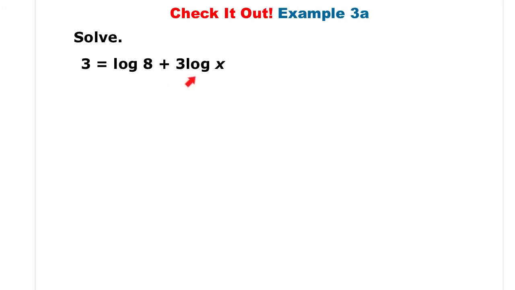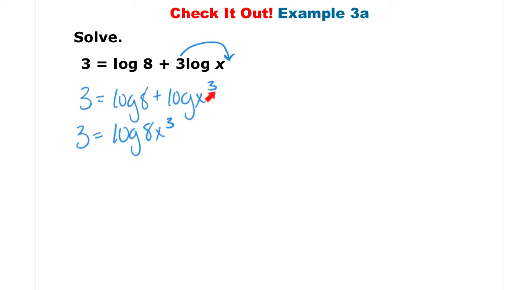In this example, I want to use the property of logarithms that allows me to write this as a single logarithm, but this 3 right here is causing trouble, so I'm going to use the property and put it right back into the exponent. Once I've done that, now I can write this as a single logarithm like this, and then remember this is base 10 right here, and I'm going to rewrite it as 10 to the third power is going to equal 8x to the third.